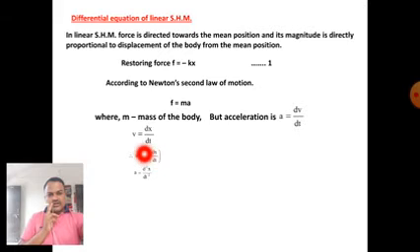In the numerator d into dx we call d2, and in the denominator dt into dt we write dt square. So the equation for acceleration is d2x upon dt square. Another formula for acceleration is d2x upon dt square. Always keep this in mind.